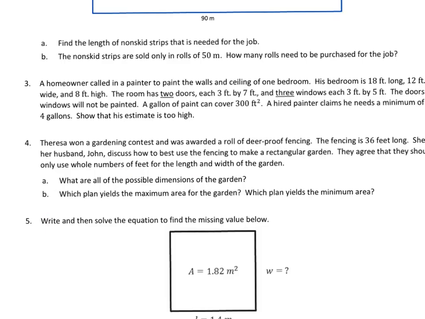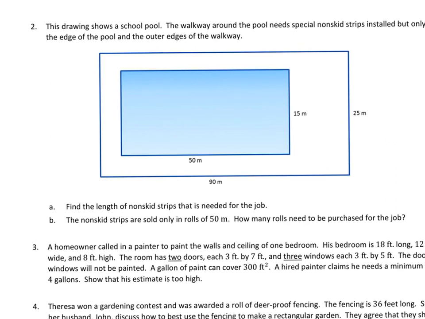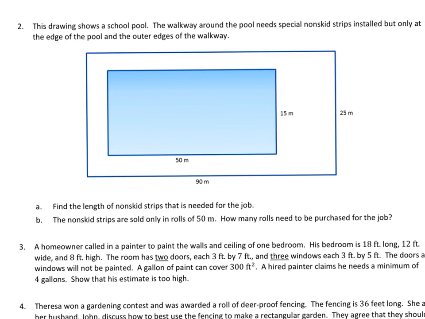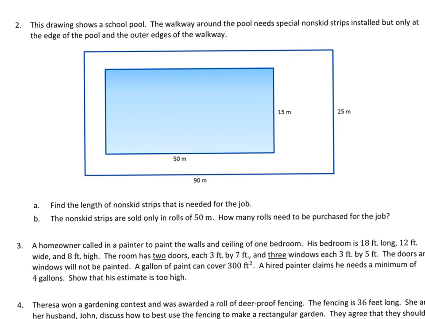So there's a couple things that we want to look at. I'm going to do question 2. With this one, it says, this drawing shows a school pool. The walkway around the pool needs special non-skid strips installed, but only at the edge of the pool and the outer edges of the walkway. A says, find the length of the non-skid strips that is needed for the job.